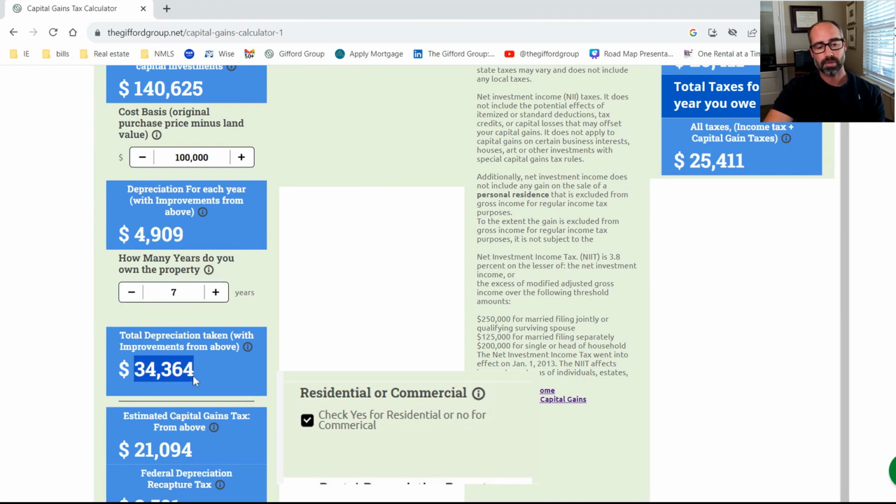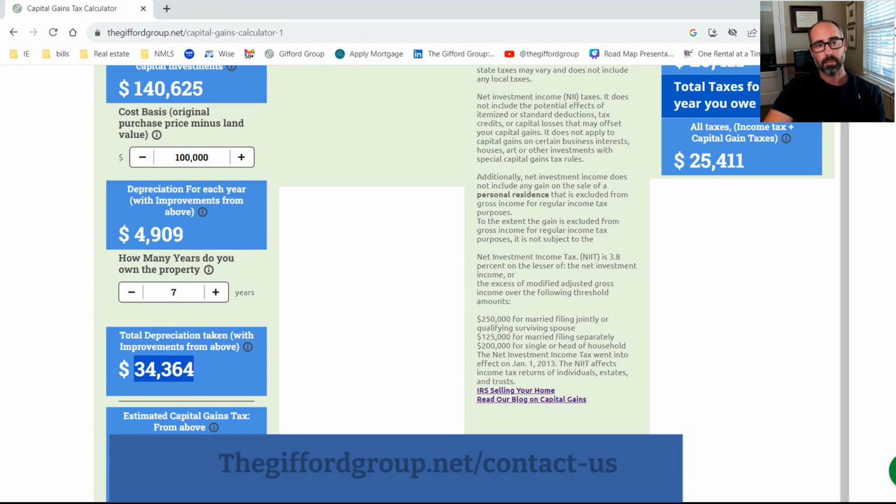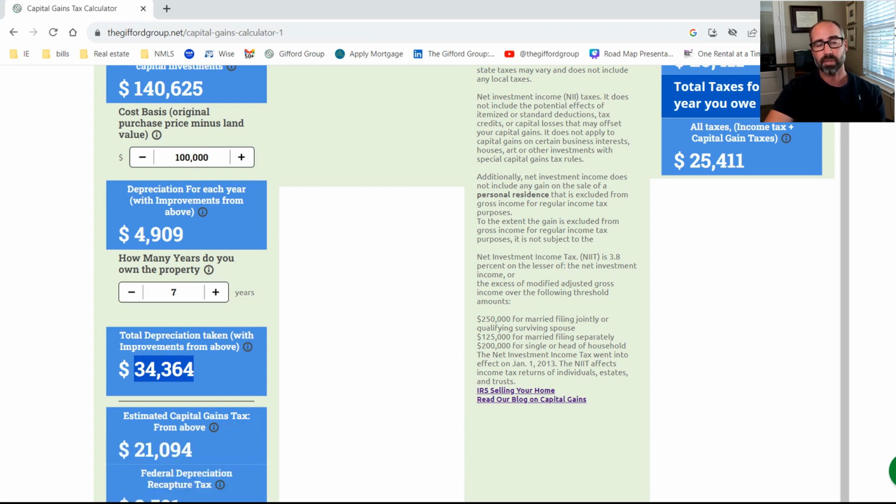So over those years, this is where the bread and butter of residential real estate property investment is, you get this loss over the years, right? If I own this property, I've taken $34,000 in depreciation, which is a phantom loss, right? It really didn't happen.